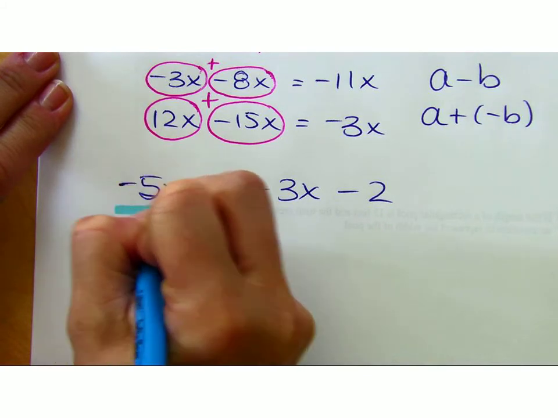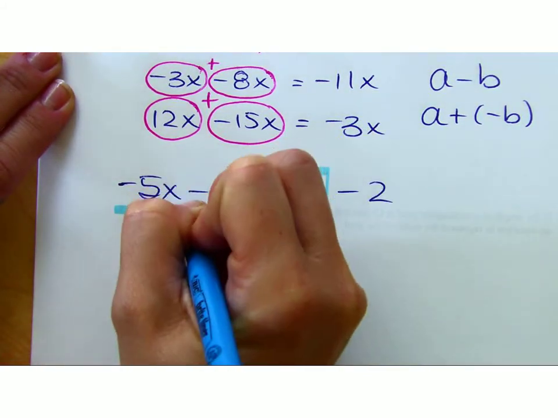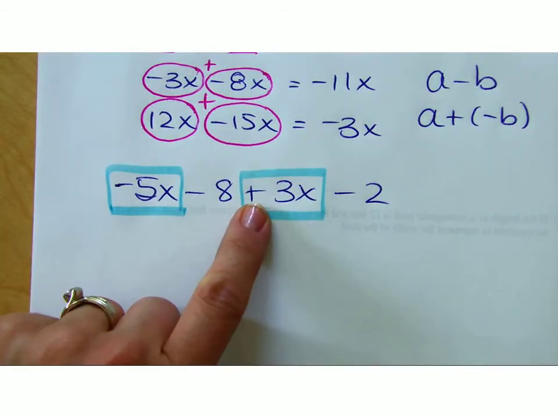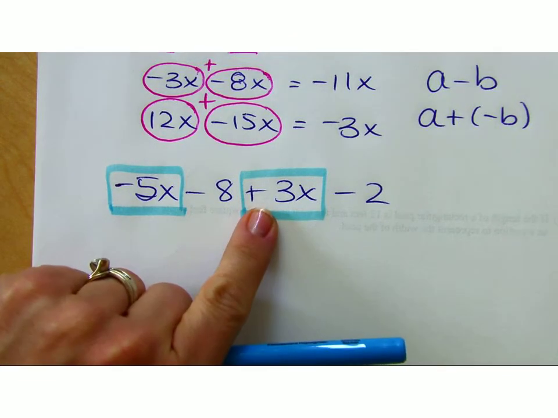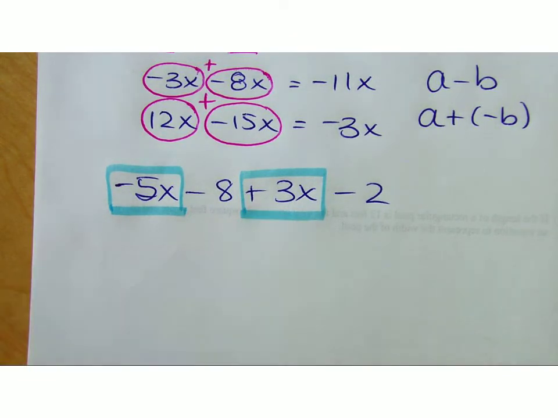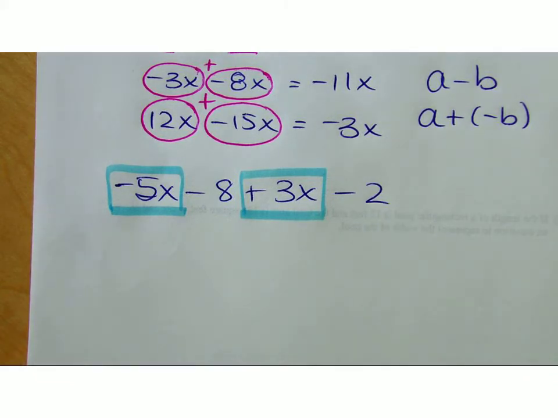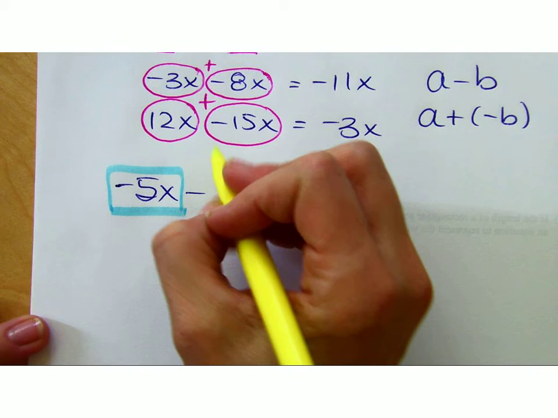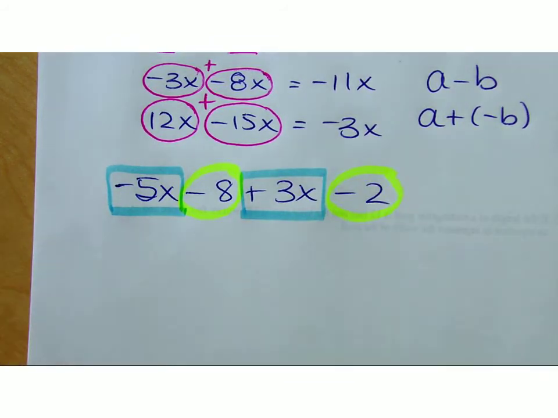So I say that this has an x and this has an x. Now look what I'm doing. I'm putting the box around it, and I'm including the sign in front of it, because that's telling me that that 3 is positive. Then these ones don't have an x at all, so I can't combine those. So that 8 is negative, and so is that 2.